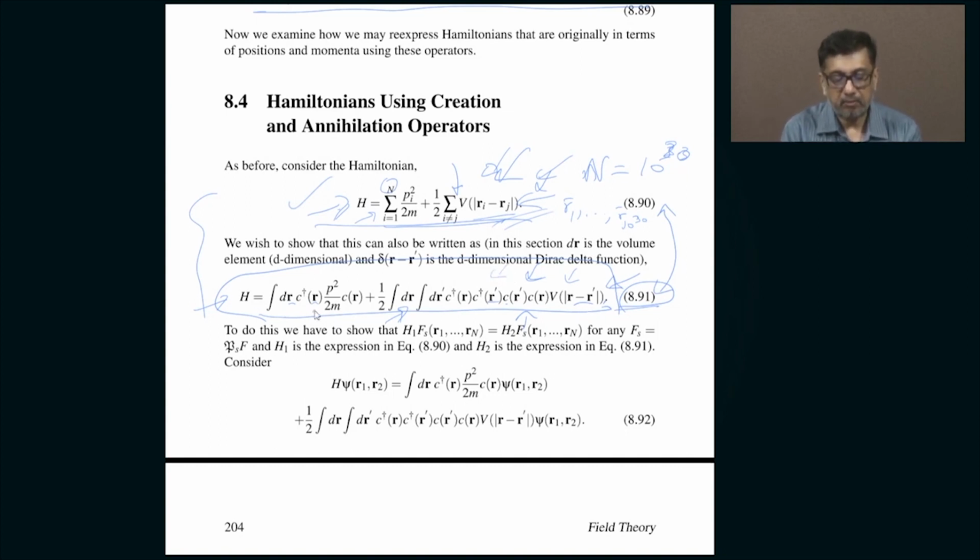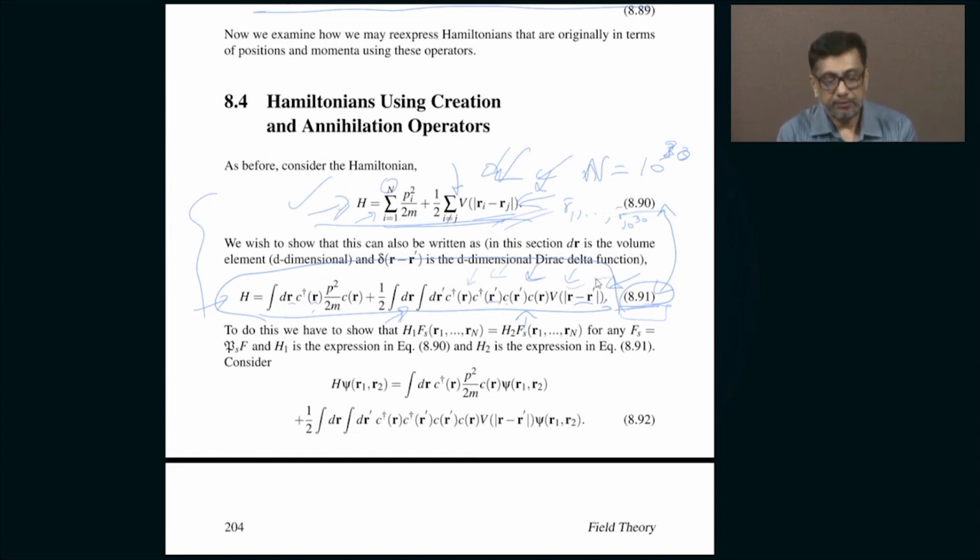So, because you see now if you rewrite this 8.90 in terms of operators that correspond to creation and annihilation of particles, you will end up having to only deal with vectors which are at most 2 in number. For example, in the case of interactions, you will only have to do with r and r dash. So, this sounds like a rather startling claim.